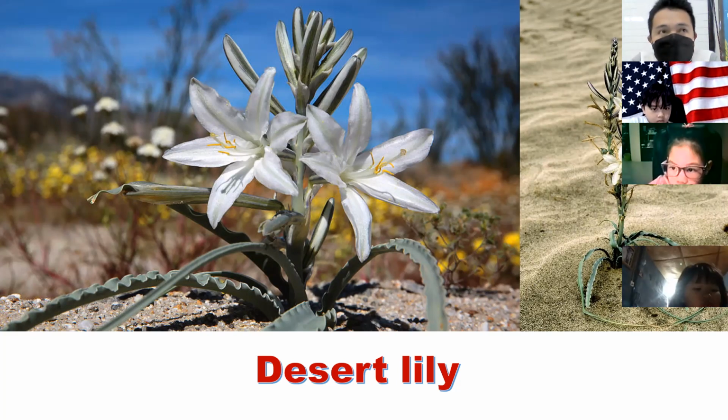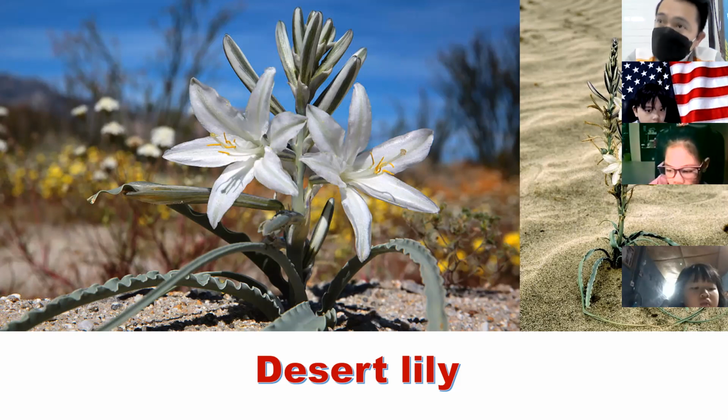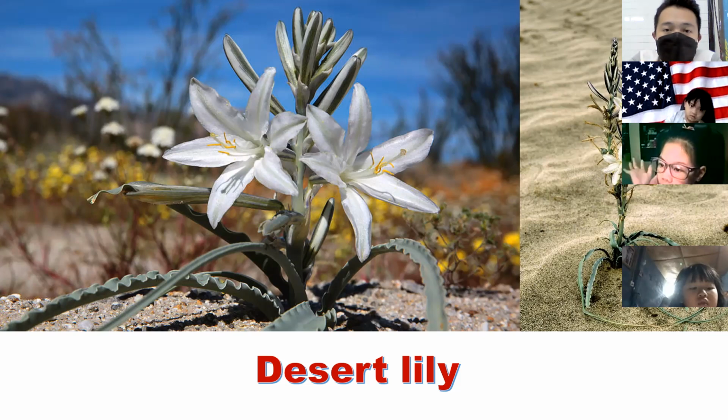No need for them to get soil, water. No need for them to stay in the water to survive. Instead, they grow in a desert place, in a sandy area, so that they can survive.